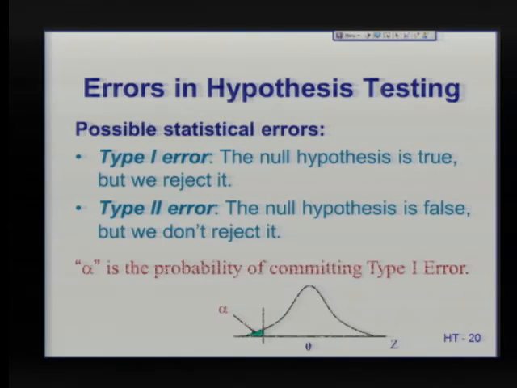Now there are some possible errors when you're doing hypothesis testing. One is called a type 1 error. A type 1 error is when the null hypothesis is true, but you rejected it, okay? It's possible. You do a hypothesis test, and the null hypothesis is true, the average body temperature is really 98.6, no different from 98.6, but unfortunately, the sample that you gather just happened to give you a number that is so extreme, so you reject the null hypothesis, and you make a mistake, right?